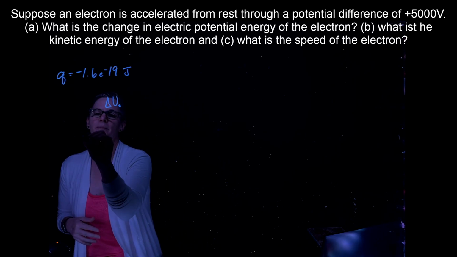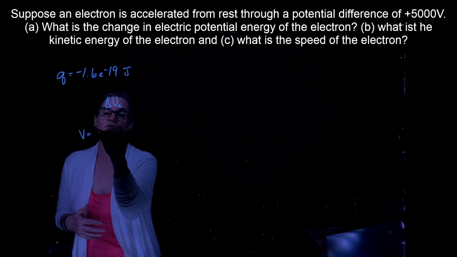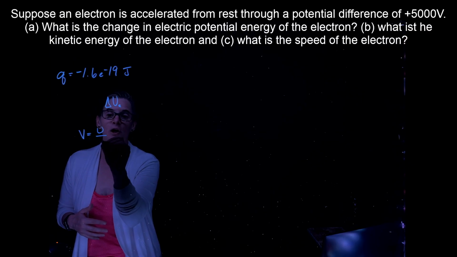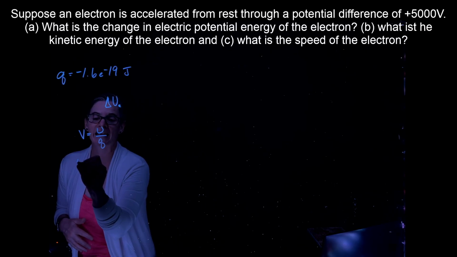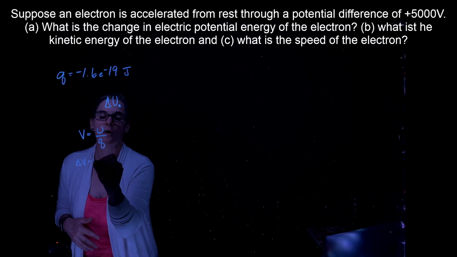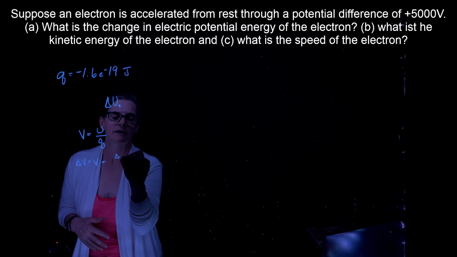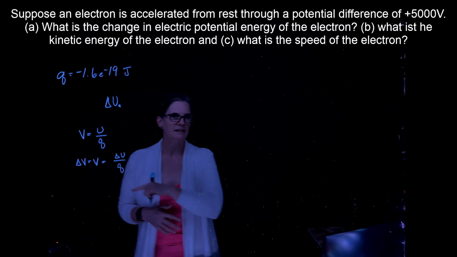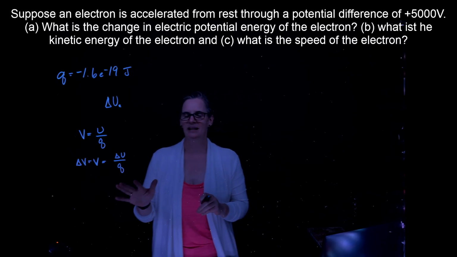Remember, our electric potential was the electric potential energy per charge. Therefore, our change in electric potential, or our voltage, is equal to our change in potential energy per charge. You can go back to that video to walk through that if you need to.